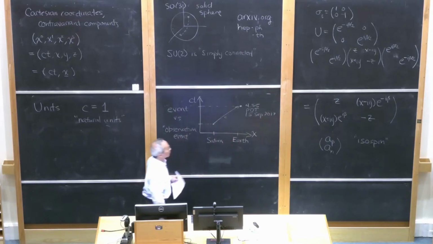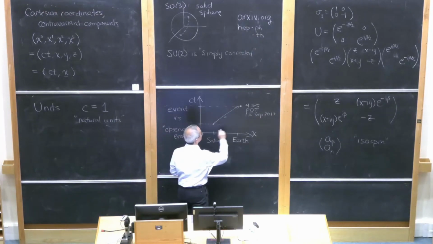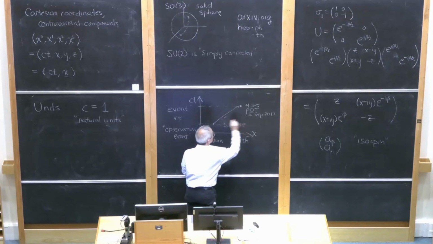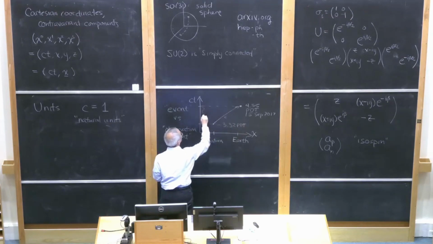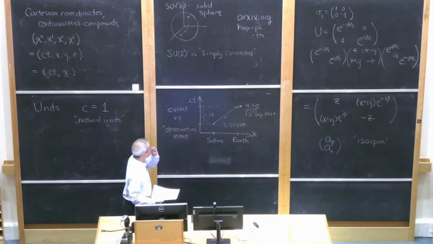So that's the observation event. From there, we infer that the satellite actually had dropped in at 3:32 PDT, same day. So the difference in time is about 1.5 hours. Obviously, the distance is quite considerable as well.